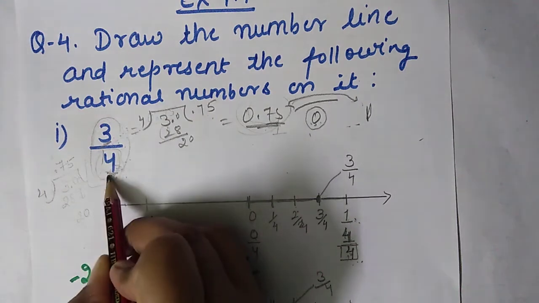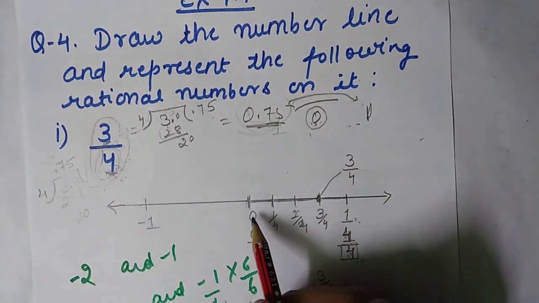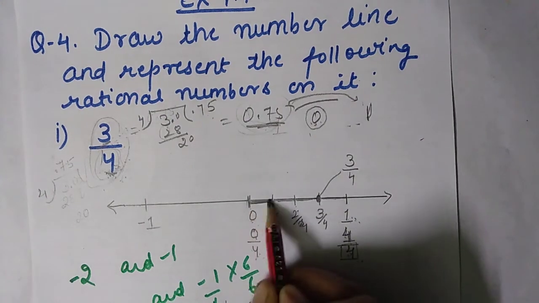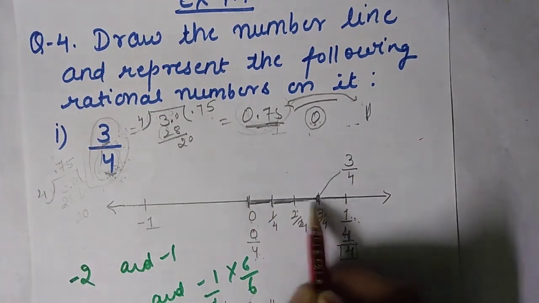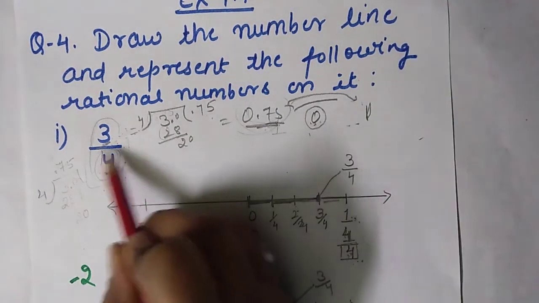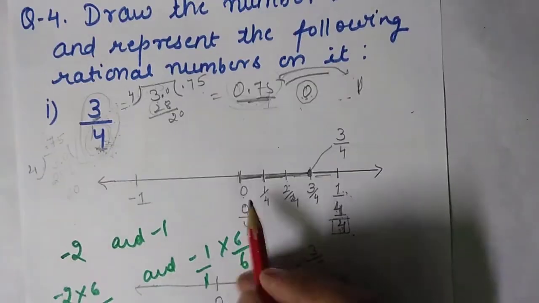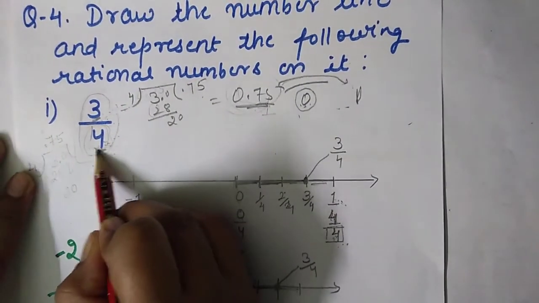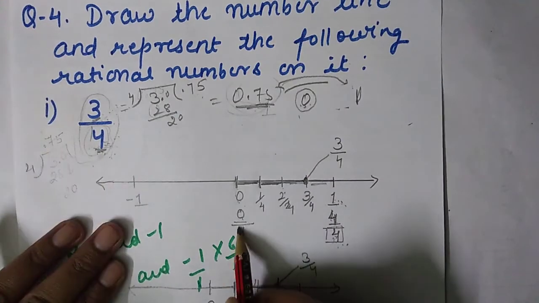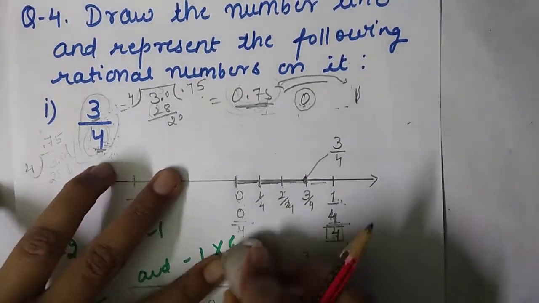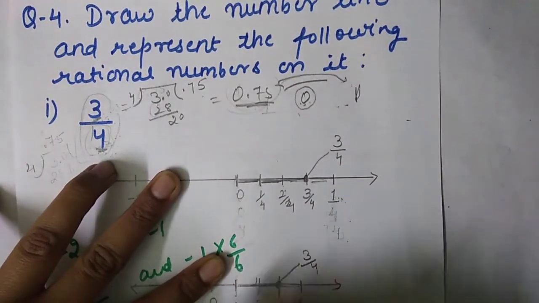Now we have 4 in the denominator, so between 0 and 1 we have to make 4 equal parts. This is 1 equal part, second, third and fourth. 4 equal partitions you have to make, equal to the denominator. Now this is 0 and this is 1. As the denominator is 4, I will write the denominator 4 here and here.